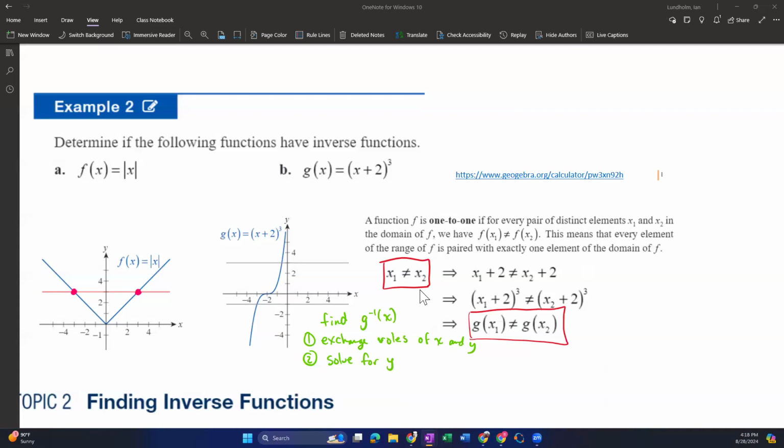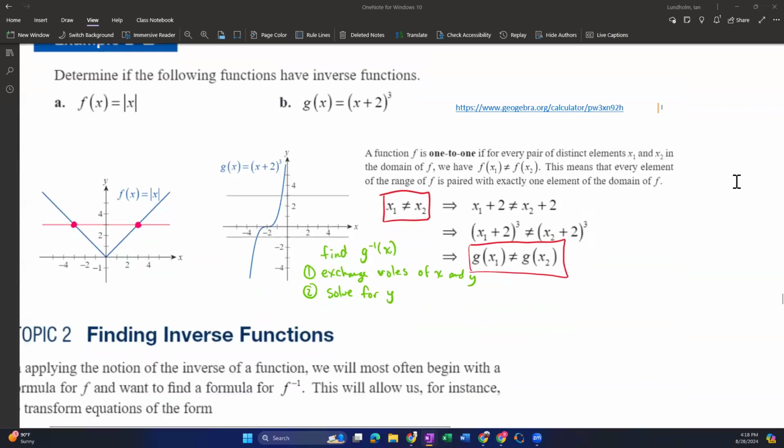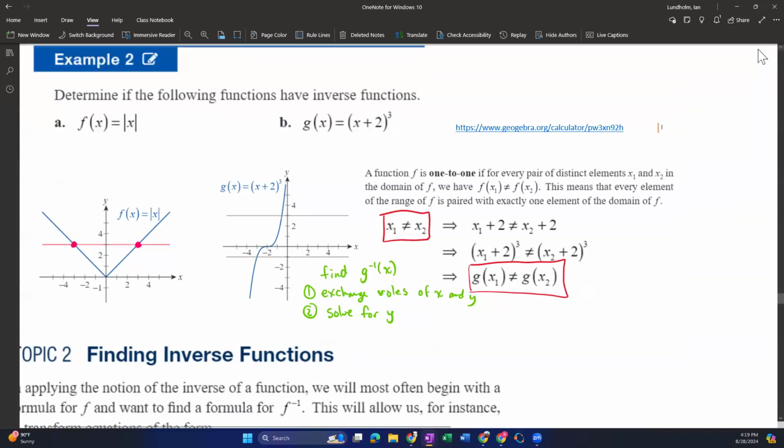The next thing that I want to do is find the inverse of g. So let's find g inverse. The first step is exchanging the roles of x and y. I didn't make a super big deal about this earlier.